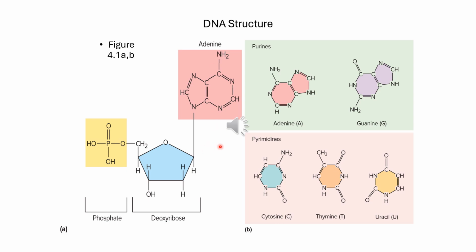Below that, you can see cytosine and thymine, which are the pyrimidines in DNA. And finally, you see uracil, which is also a pyrimidine, but that's in the RNA.